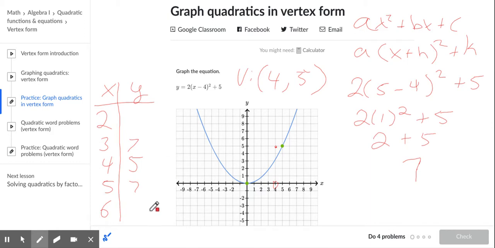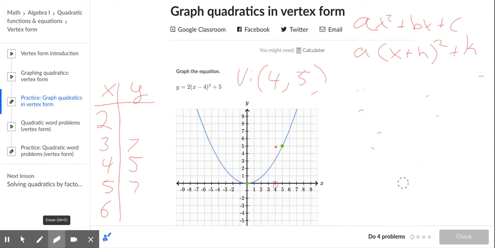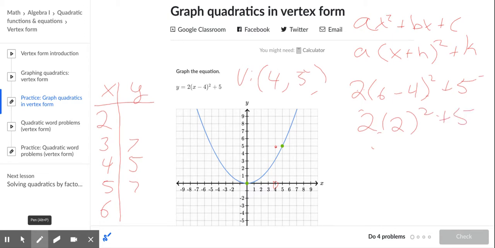And these are all 1 apart, so these will have the same value. 2 and 6 will also have the same value. So I'm going to plug in 6. Let me erase again so that I have room. 2 times 6 minus 4 squared plus 5. 6 minus 4 is 2. 2 squared is 4. 2 times 4 is 8. 8 plus 5 is 13.